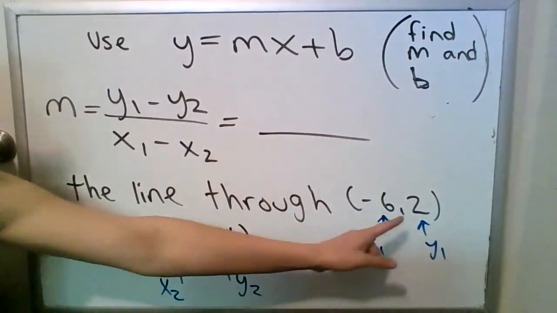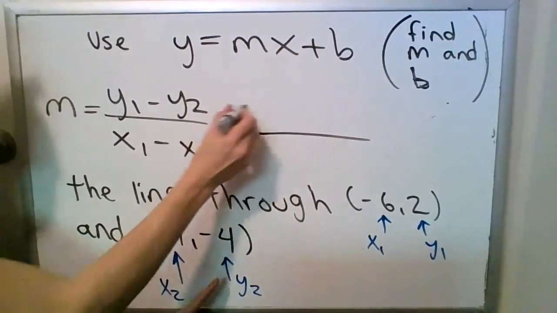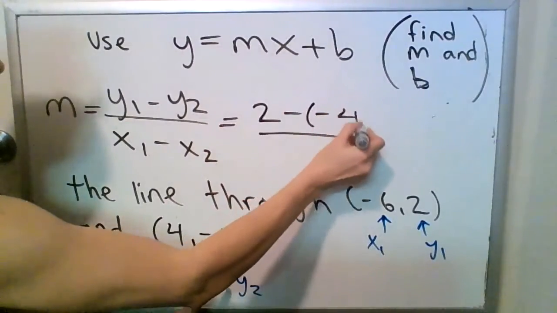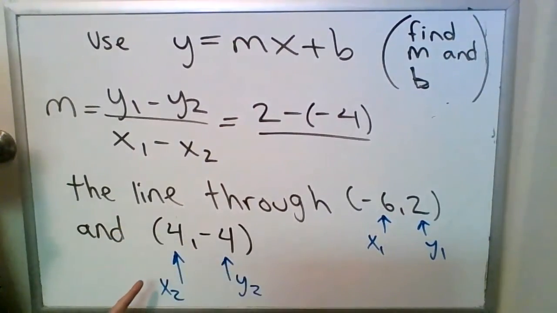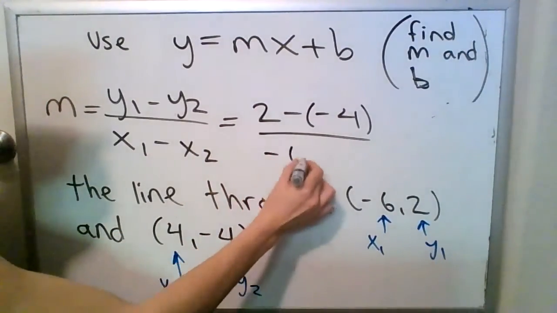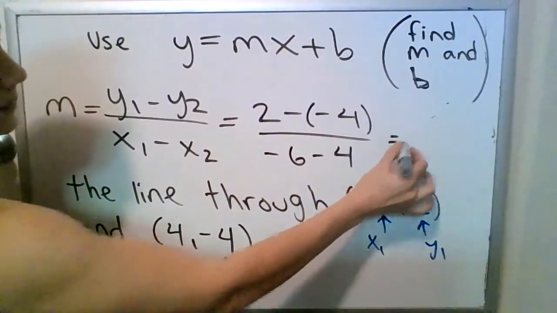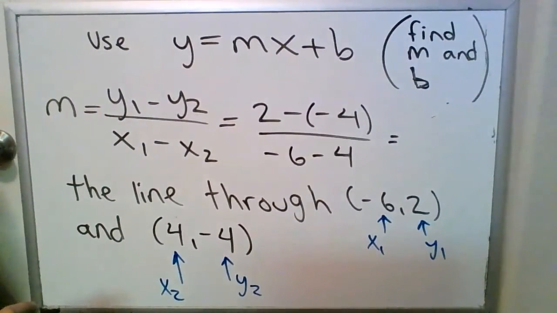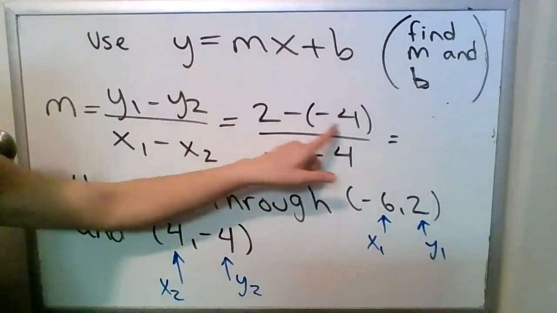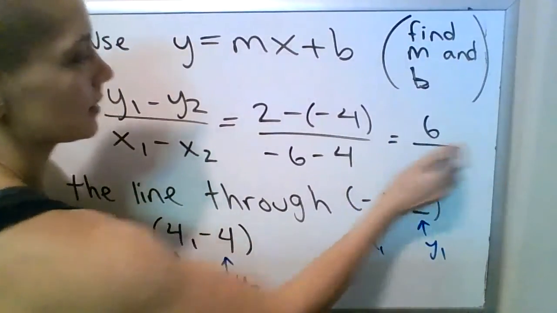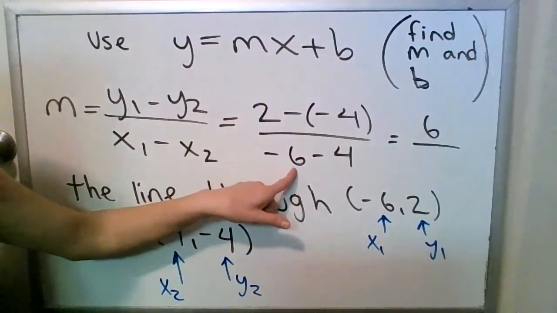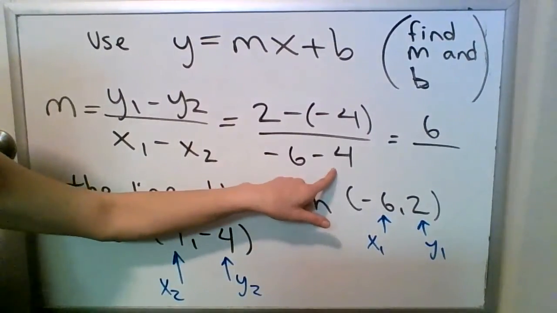So we're going to take 2 and subtract negative 4, divided by negative 6 minus 4. So 2 plus 4 is 6, and then negative 6 minus 4 is negative 10.